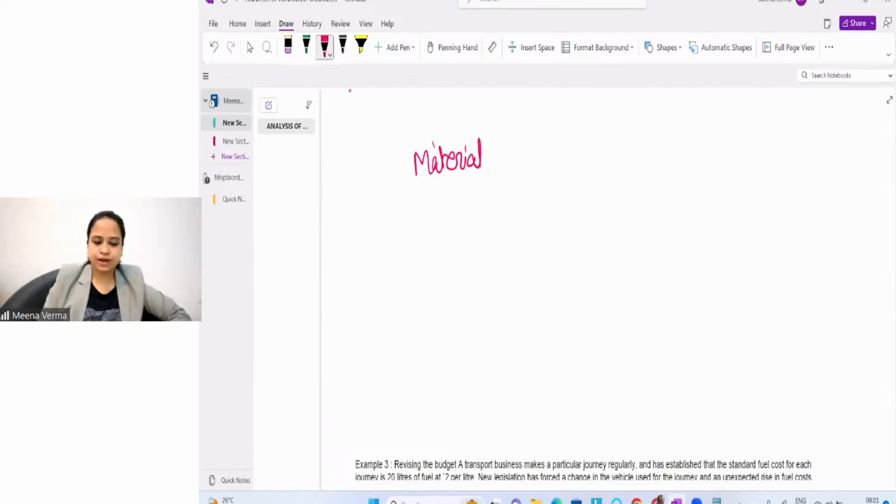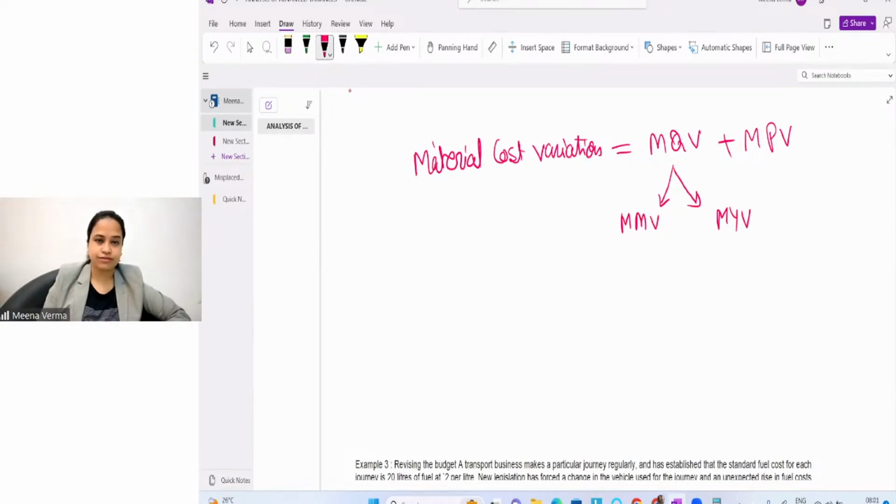In case of material cost variation, you have learned it, right? And in material cost variation, you know it is equal to material quantity variation plus material price variation. You know this, right? And you know that material quantity variation is equal to material mix variation and material yield variation. We have already studied everything.